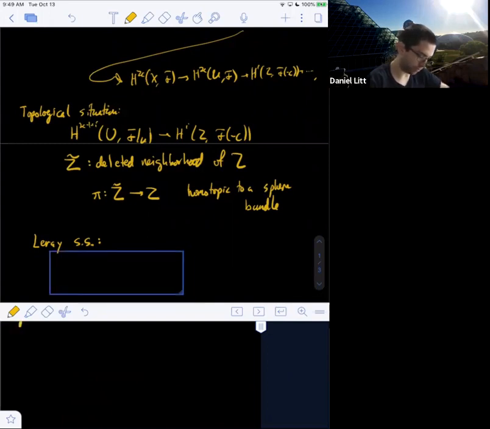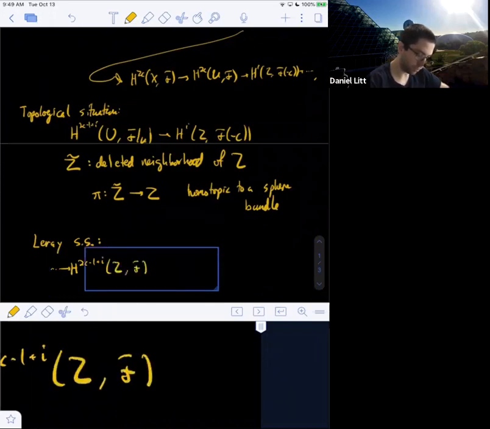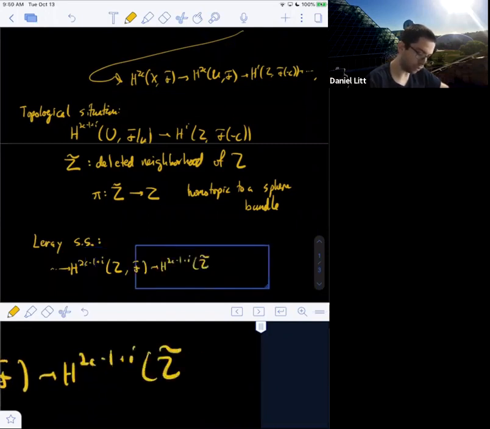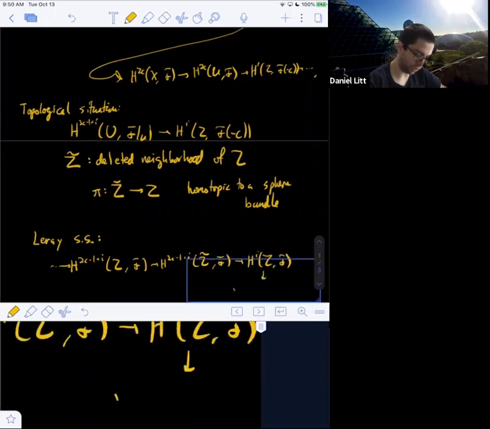You get a long exact sequence, which looks like H^{2c-1+i} of Z with coefficients in F goes to H^{2c-1+i} of Z tilde with coefficients in F. And this goes to H^i of Z with coefficients in F, and then you get a map to H^{2c+i} of Z with coefficients in F, and so on and so forth.